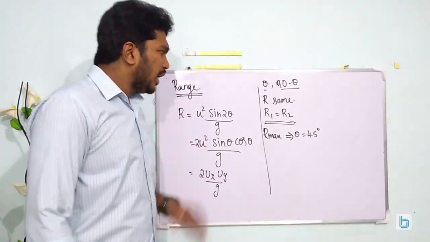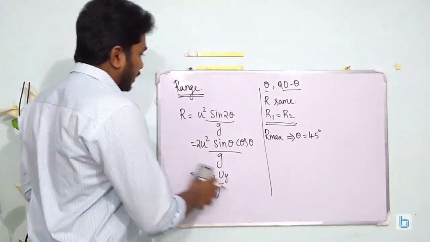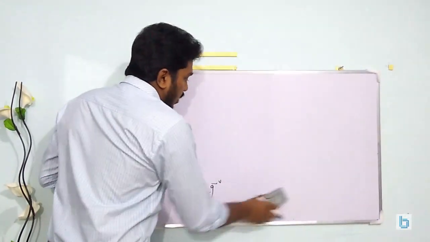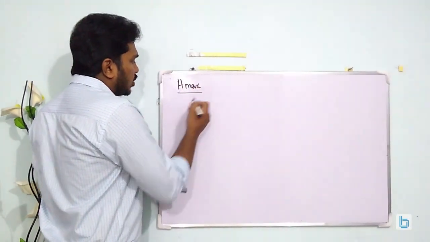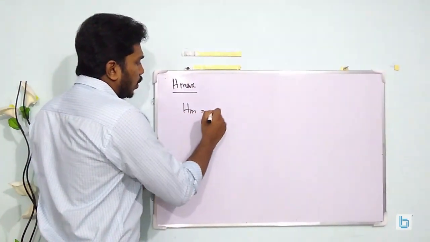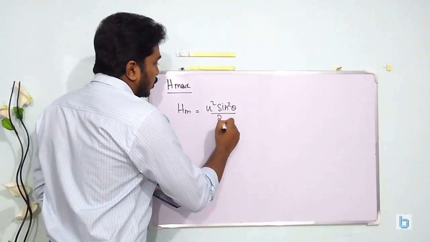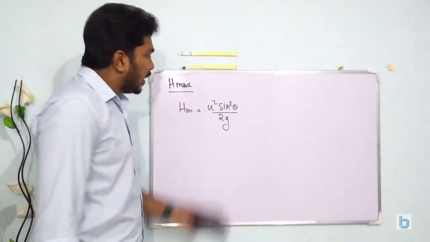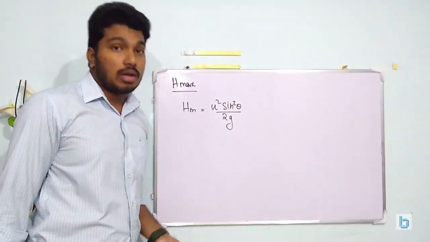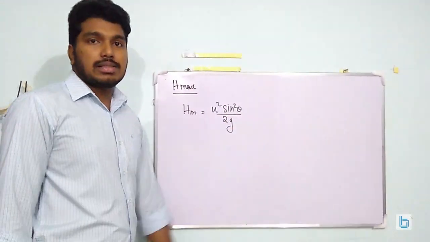Clear? Now moving on to the next one, regarding the maximum height. The basic standard equation is h max equal to u square sine square theta by 2g. Here theta is with respect to the horizontal. If it is with respect to the vertical, it will be sine 90 minus theta.